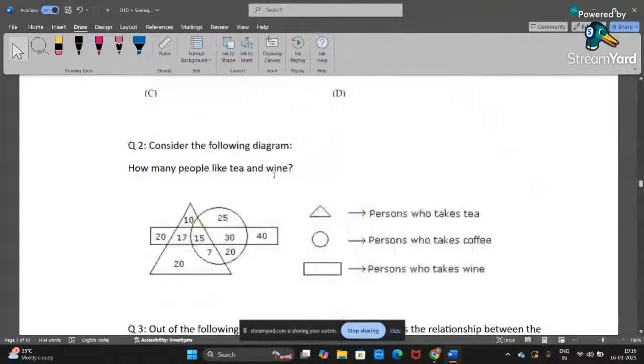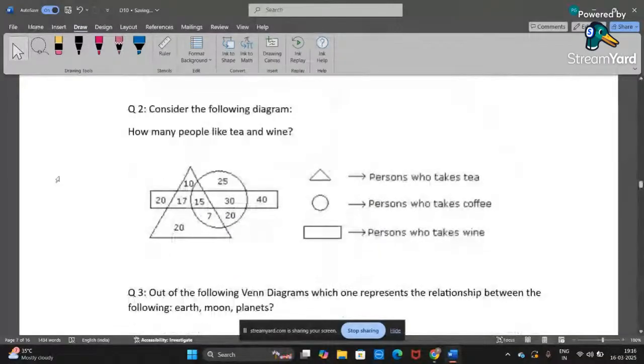How many people like tea and wine? The people who like tea are in the triangle. People who take coffee are in the rectangle, and tea in the circle. The person who takes wine, let's take this color green.